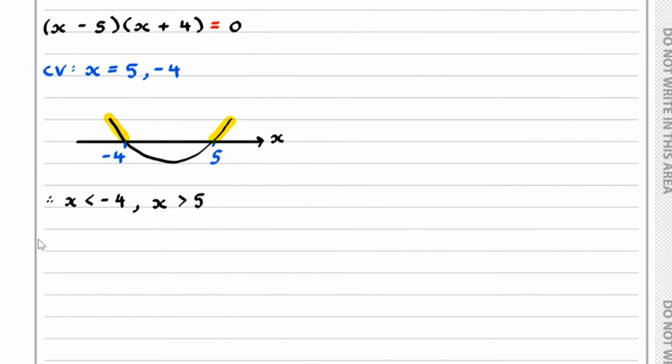And if we express this in set notation, we have x belonging to the set of real numbers, x is less than minus 4, or we have x belonging to the set of real numbers, x is greater than 5. Here is the solution to the inequality in set notation.